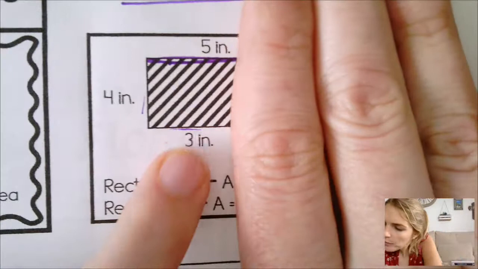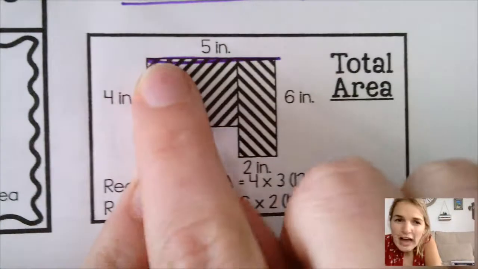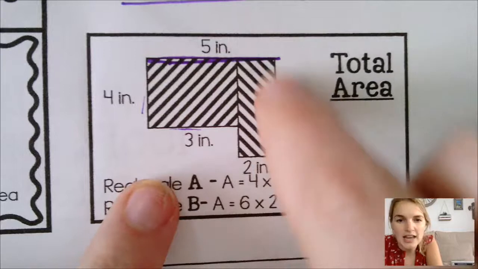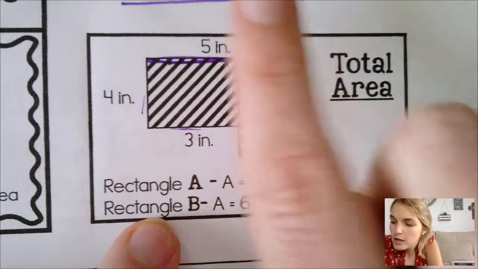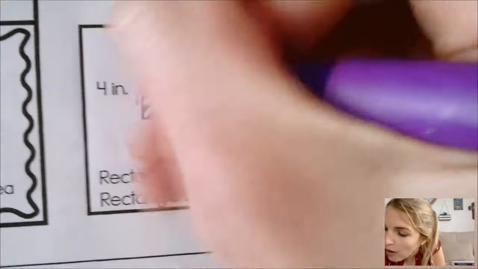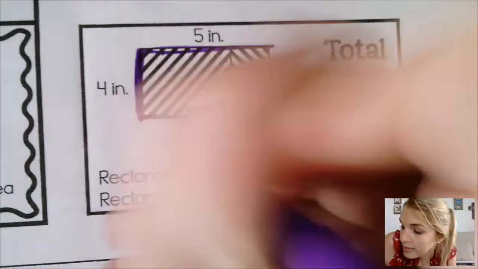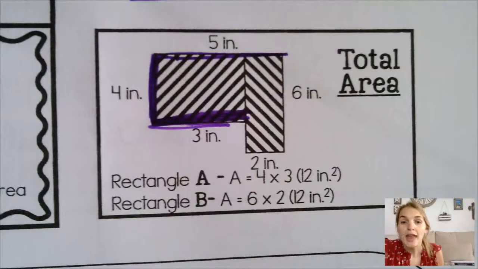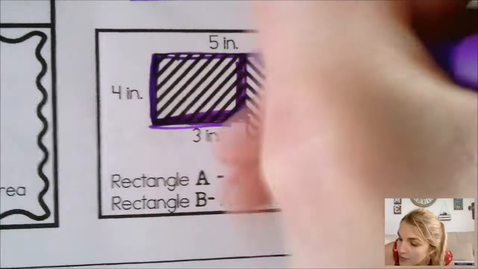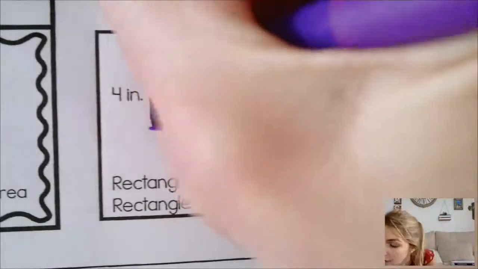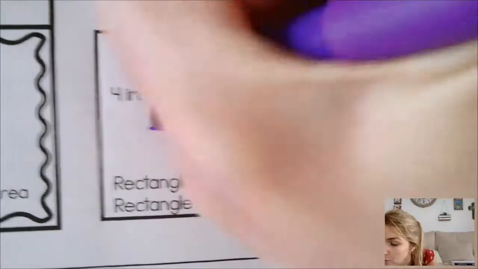I notice that 5 runs along this whole thing. That goes into rectangle 2, or rectangle B. So it's not the 5 I'm looking at. I'm looking at the width of 4 inches, and I'm looking at the length of 3 inches. So the area of this first rectangle right here is 12 inches squared because 4 times 3 is 12.